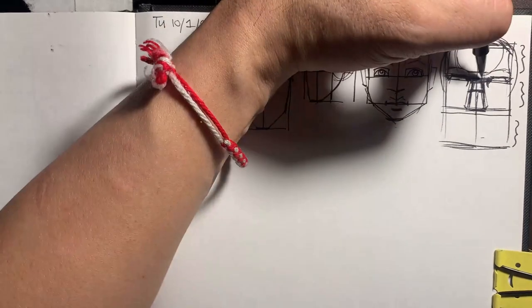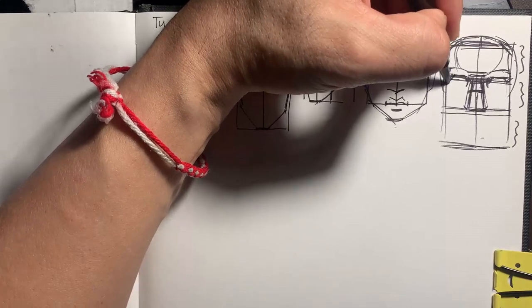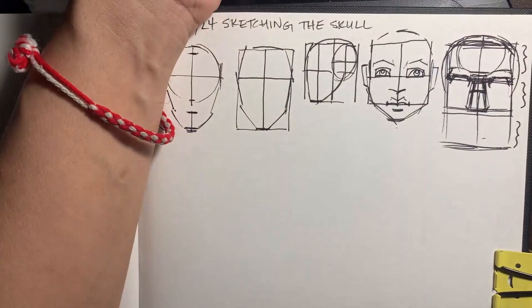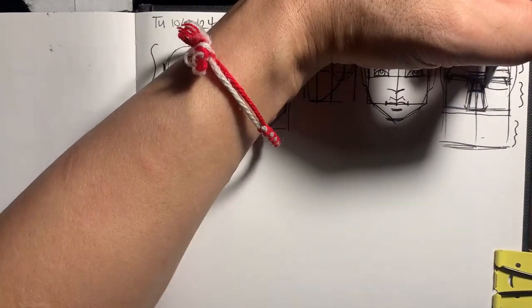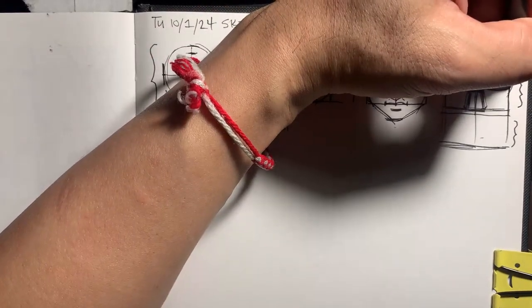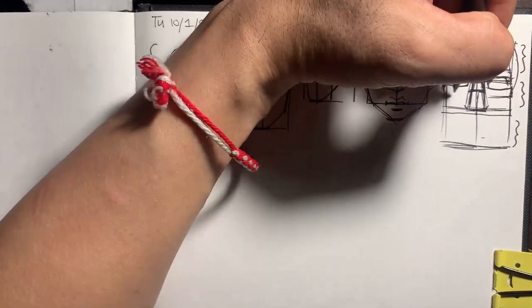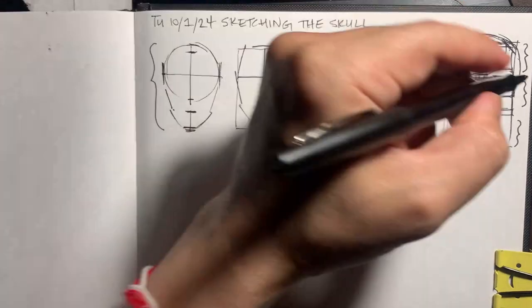So for example, you have the brow, kind of like that, and then you have this part here, the cheekbones. So that's good to know.